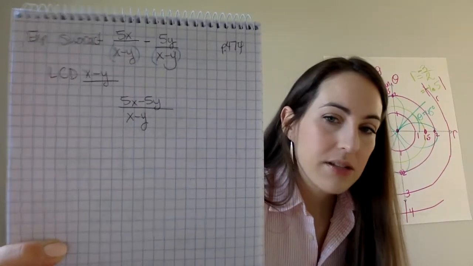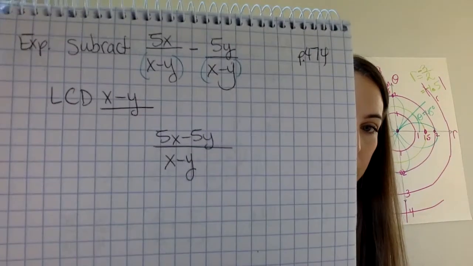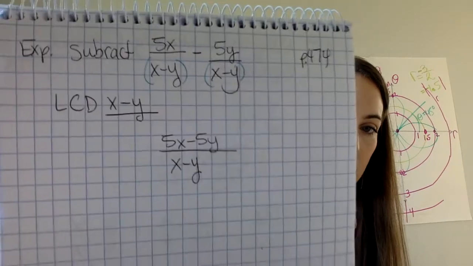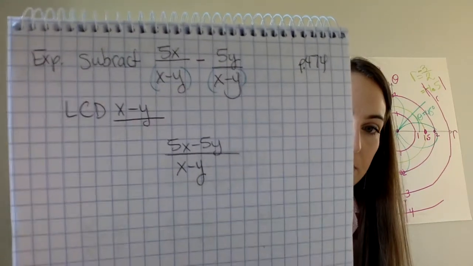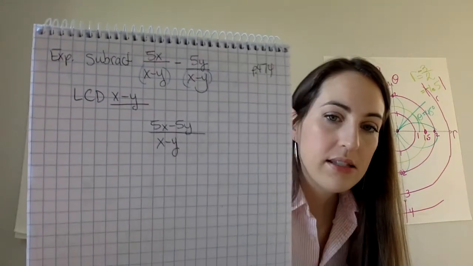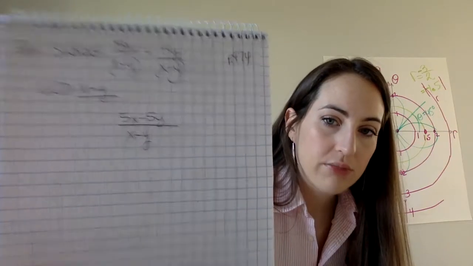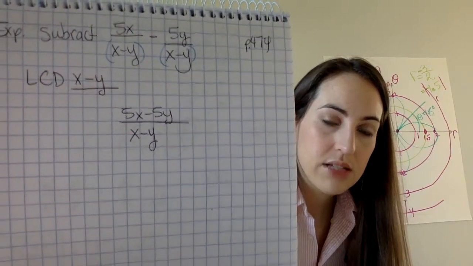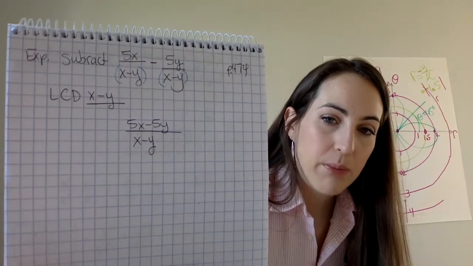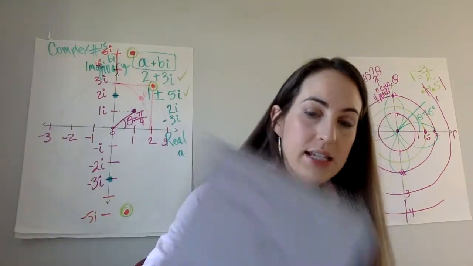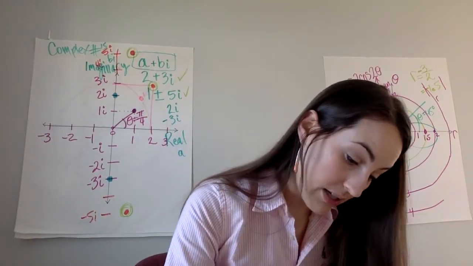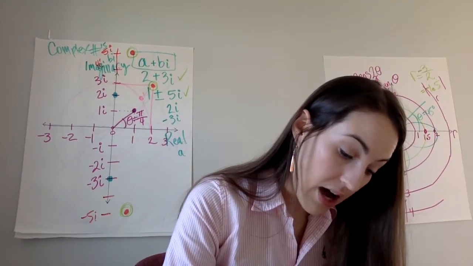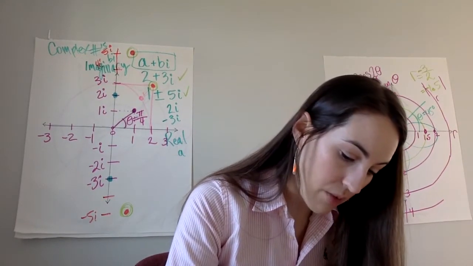Is there anything we can simplify? Take a look. Anything we see? I see a greatest common factor in the numerator. You see that? We can take a 5 out of both terms in the numerator. Go ahead and take that greatest common factor out of the numerator, and that 5 gets multiplied on the outside of whatever's left.